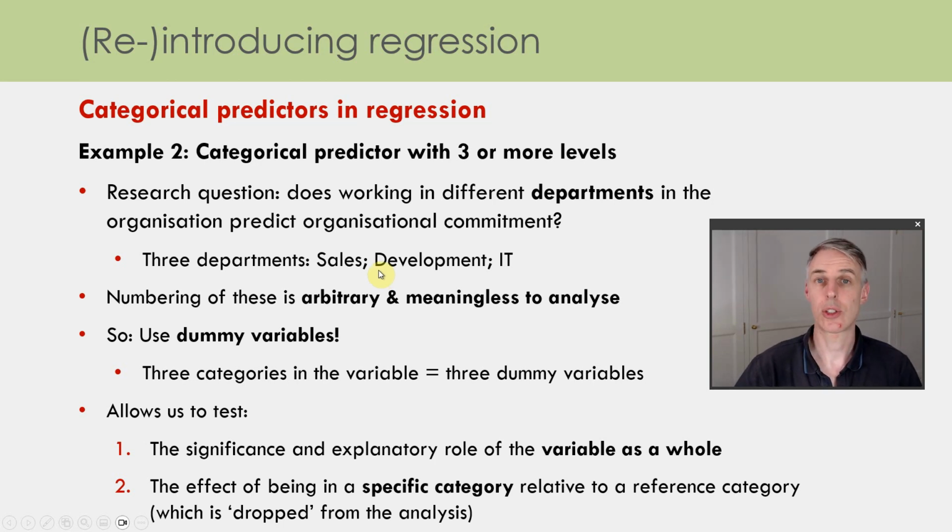And the reason for that is if we entered all 3, then we would have a case of redundancy, where people's score on one of those dummy variables could be perfectly predicted from knowledge of the other 2. If you know that somebody is not in the sales or development team, you know they must be in the IT team, etc. Okay, so in order to avoid redundancy between predictors, one of the dummy variables for a categorical variable is always dropped or excluded from the analysis.